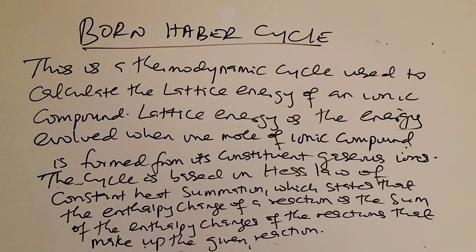So what Hess's law tells us is that a reaction can involve so many steps, and the heat change of the main reaction is the sum of the heat changes of all the reactions that make it up. That's Hess's law of constant heat summation. So let's look at the process of the Born-Haber cycle and see how to go about it.